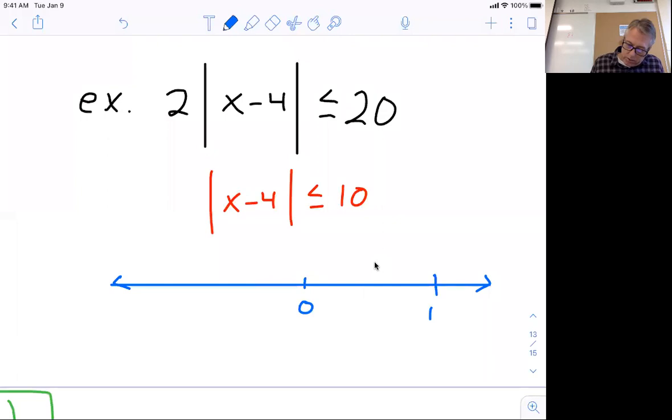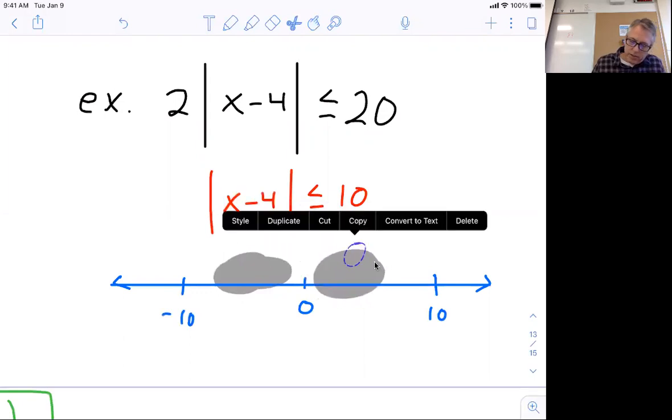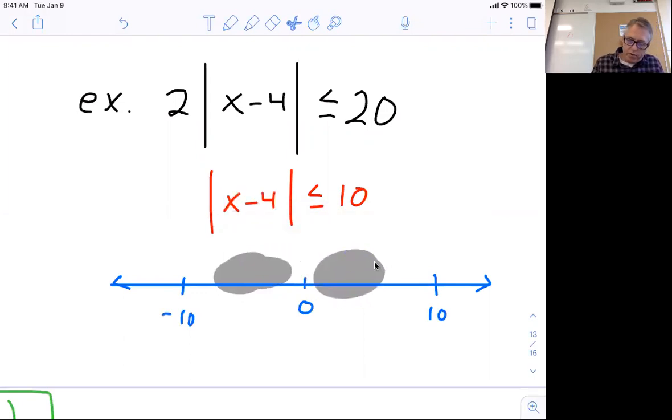So this is 10 units to the right. This is 10 units to the left. And that x minus 4 has to be somewhere in there. Okay, it can be here. It can be here. It has to be less than 10 units away from 0.